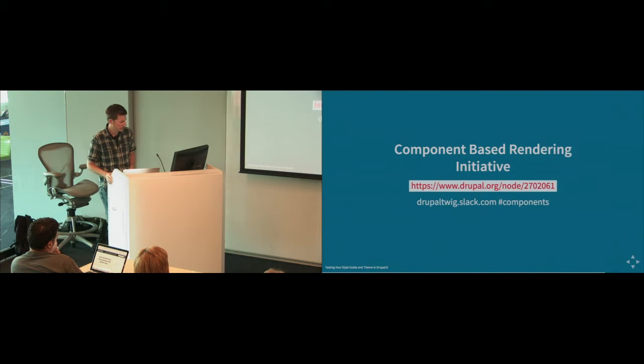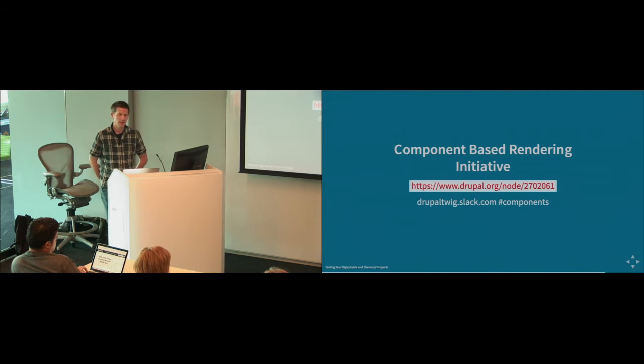We have a little bit of time, I think, although I really have no idea what the schedule is actually at now. So in DrupalCon New Orleans during the Dries note, there were a number of key initiatives that were outlined, and the number one for theming and the front end was the component-based rendering initiative.